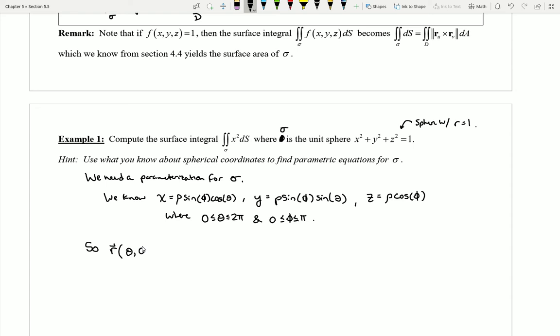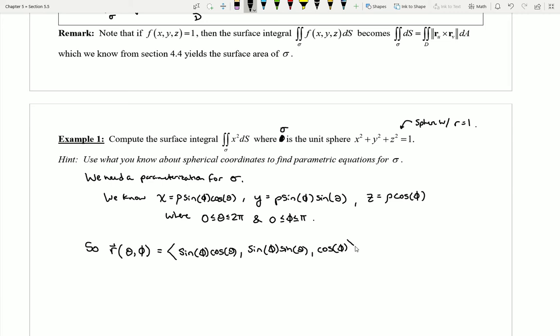I'm going to call those variables theta and phi. You can imagine them as taking the traditional roles of u and v. And you'll notice that I know exactly what to put in place of x, because I already have a formula for this. If rho is a value of 1, I can simply replace with these values. Similarly for y, and finally for z.